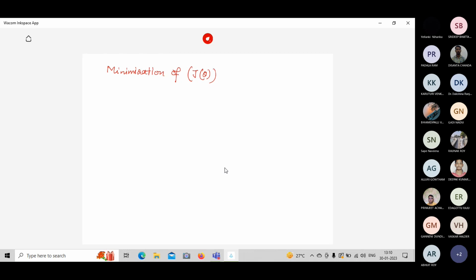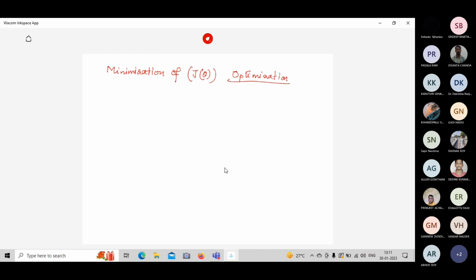Okay, so to minimize the J theta or the error function, we can apply optimization.